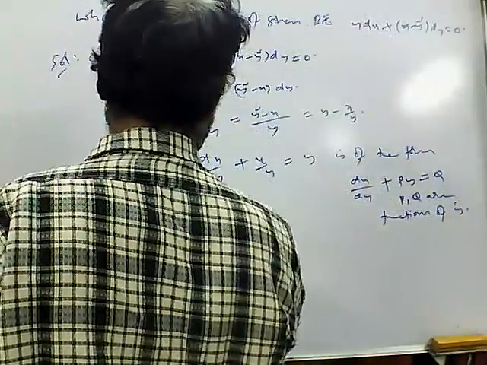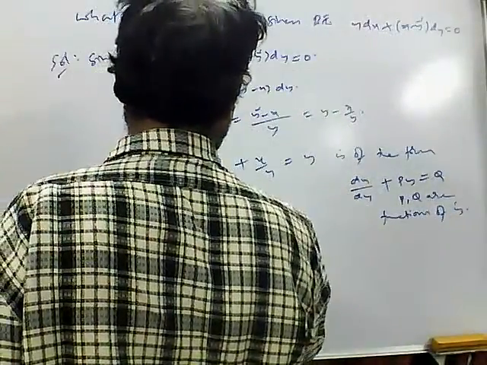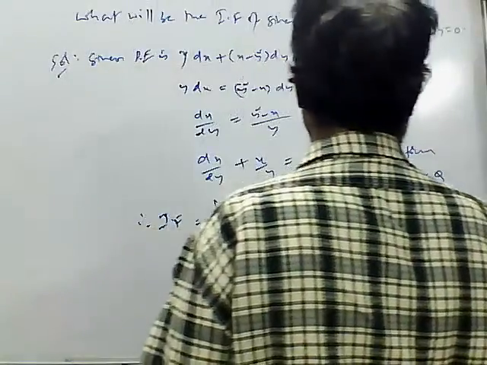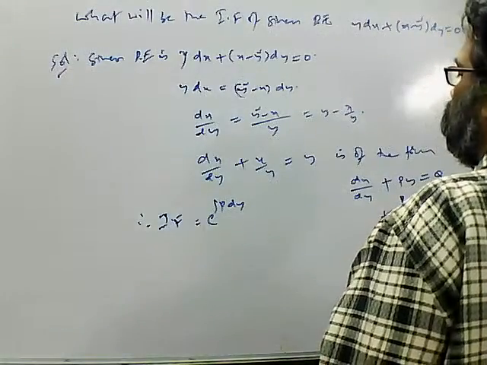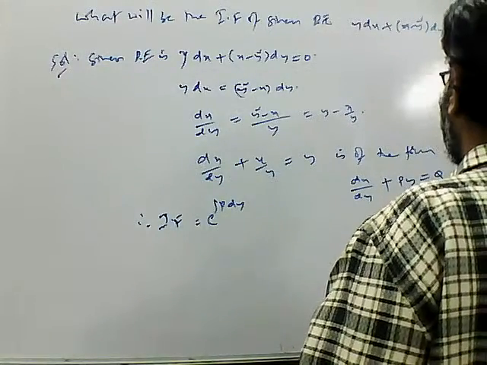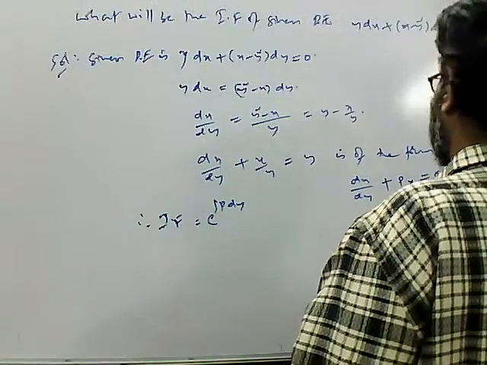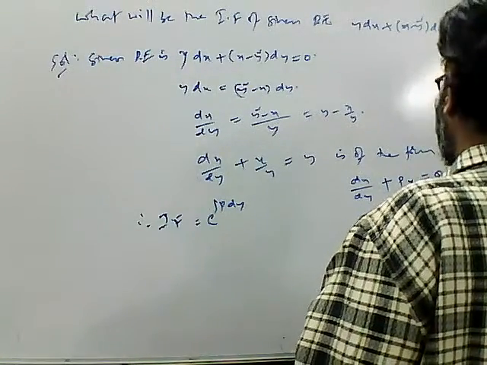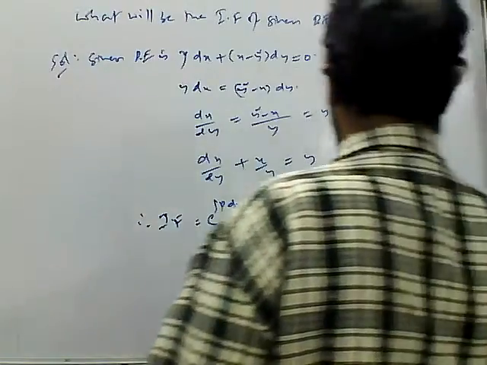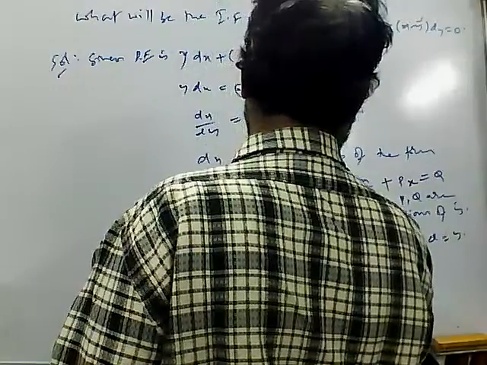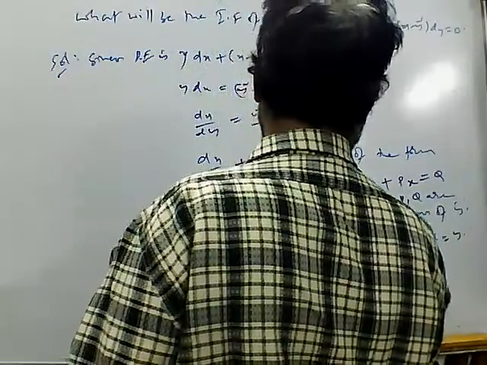Therefore, p is equal to 1 by y and q is equal to y. So IF is e power integral 1 by y dy, which is equal to e power log y to the base e, which is equal to y.